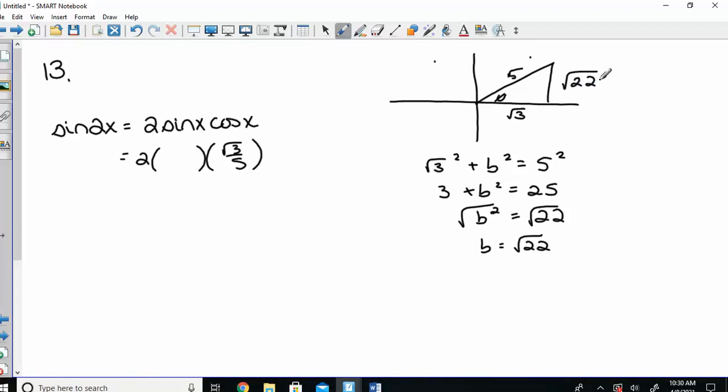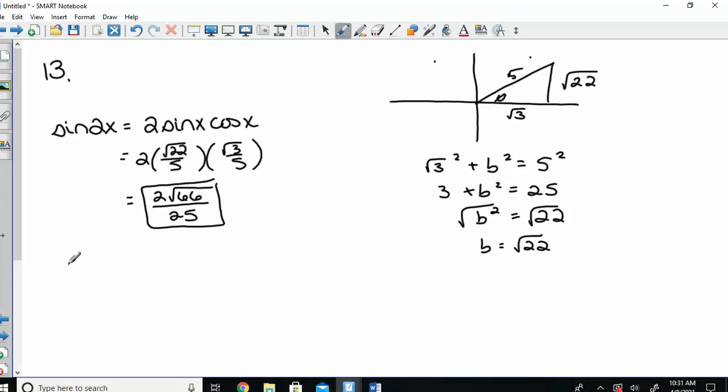So sine, opposite over hypotenuse, is radical 22 over 5. So then if you multiply the tops, multiply the numbers under the radical together. So it's 2 radical 66 over 5 times 5 is 25. 66 doesn't have any perfect squares in it, so that's it.